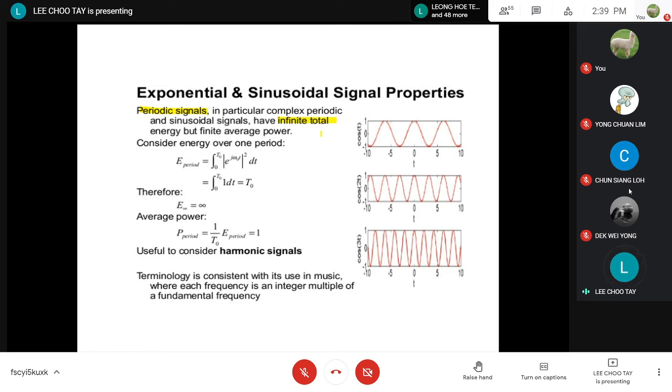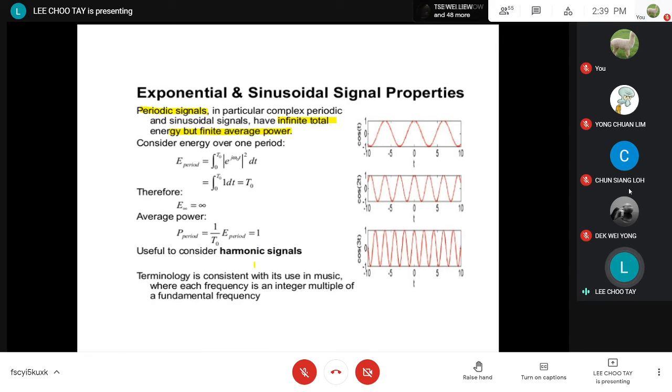Because the total energy is infinite, we get a finite average power. In this example, we compute the energy over one period, and then divide it by the period, and we get a value of 1. This is useful when we have a harmonic signal.